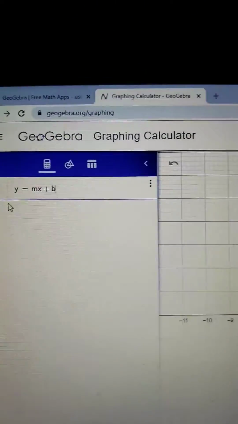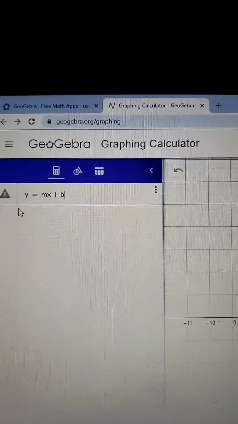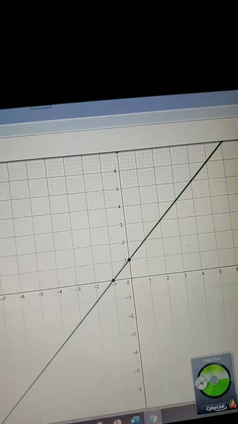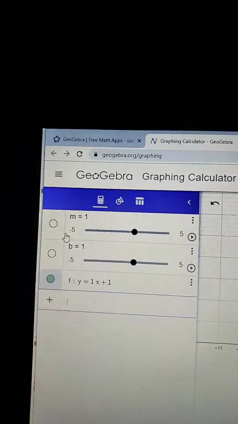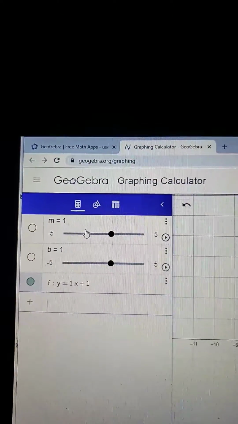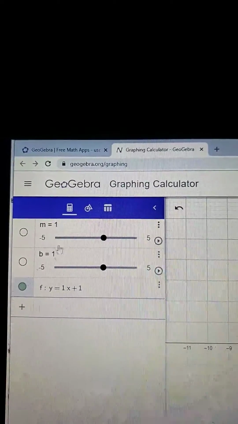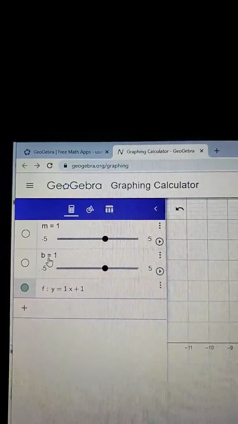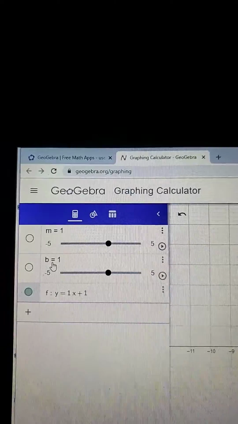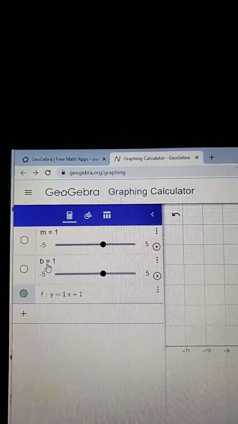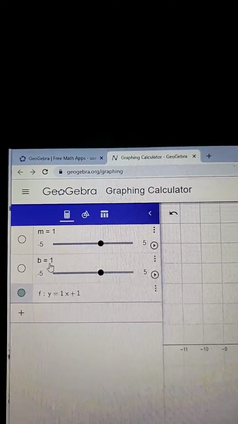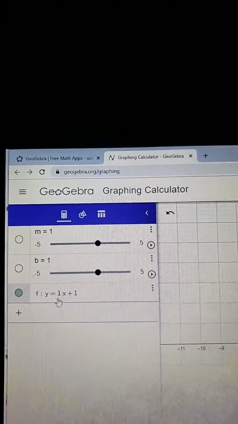So when I press enter, it will give me a graph right here. So this is the graph, and these are my sliders. So my slope is 1, and my y-intercept is 1.